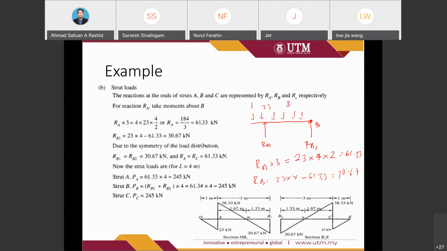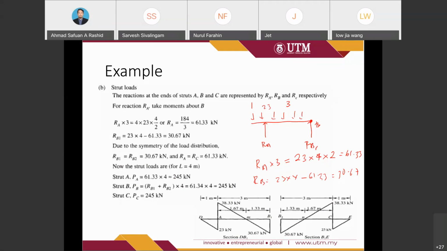Then the value for B is the combination of RB1 and RB2, multiplied with the length of the strut. The distance of the strut is equal to 4. The same value is obtained in strut B and also strut C. So that is the value of the strut loads.